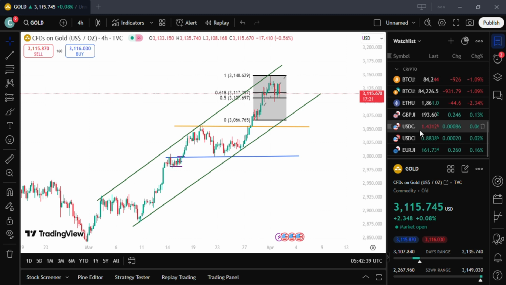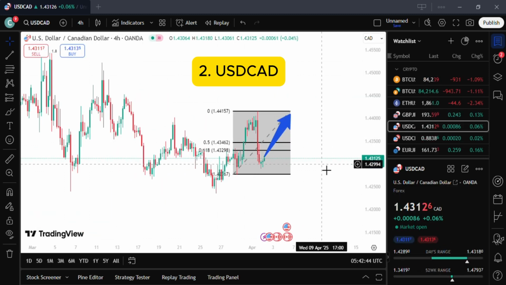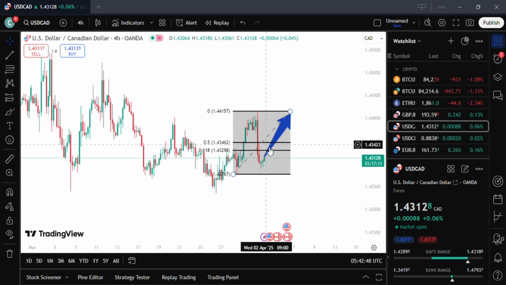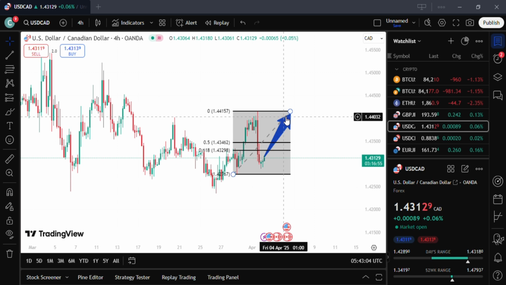So let's dive into USDCAD, and you see I put this Fibonacci here because I expected when price falls back here, I'm expecting a pullback, and we could get into buy positions at this point, and then maybe take profit around here, then wait to see how the market reacts.